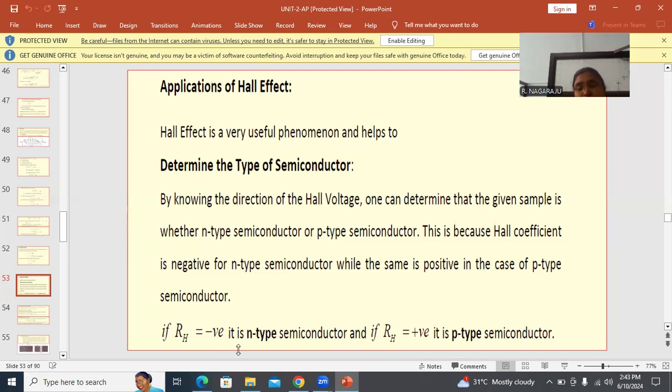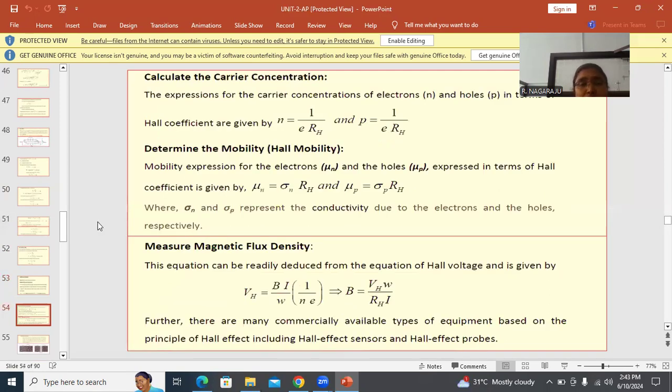RH is negative in N-type semiconductors and positive in P-type semiconductors. For calculation of carrier concentration also, this RH is useful. RH means Hall coefficient. It is useful in mobility also.